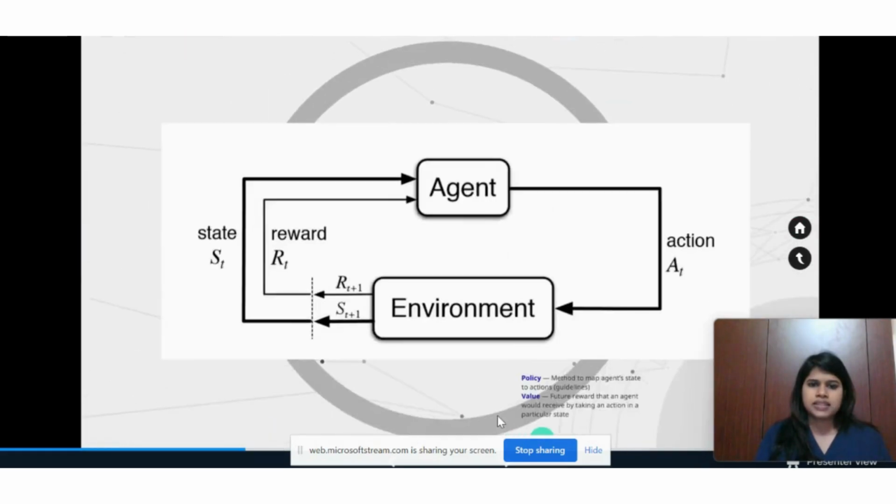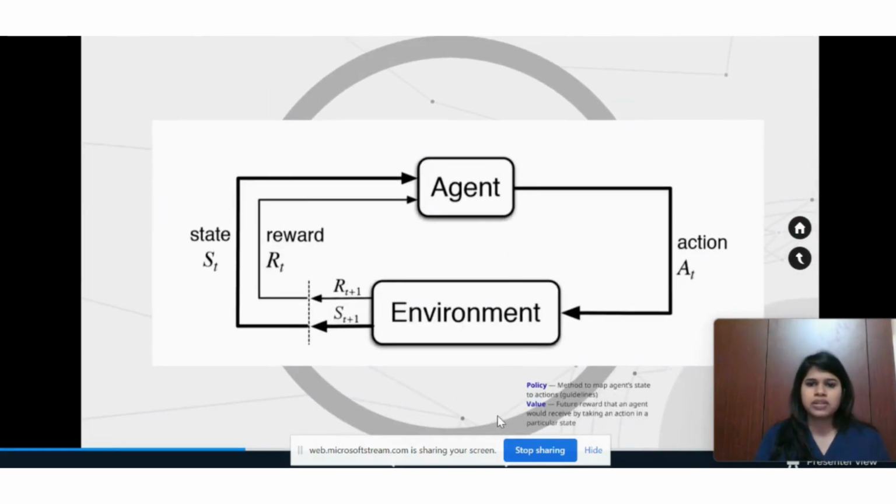Next, I'm going to tell you how this environment, or the model of reinforcement learning, works. We have an agent, or the machine, or any person that learns. Consider it like that, for easy understanding. The agent is someone who is going to learn, or a machine that is going to learn. Where does it work? It is going to work in an environment.